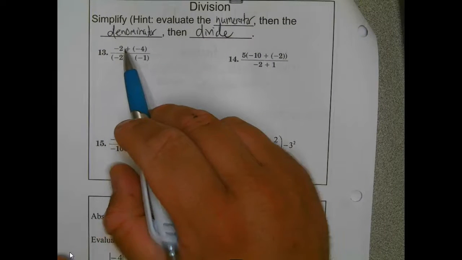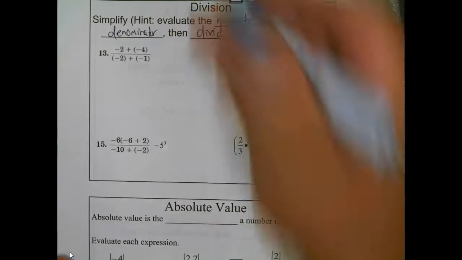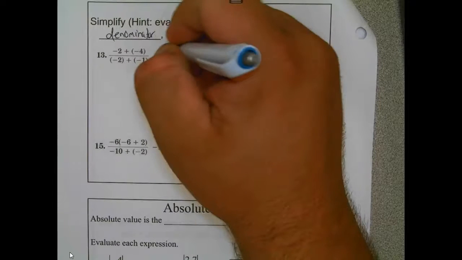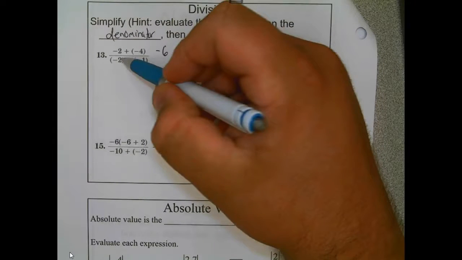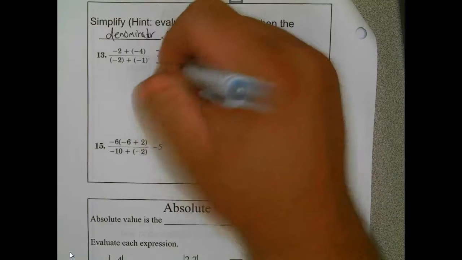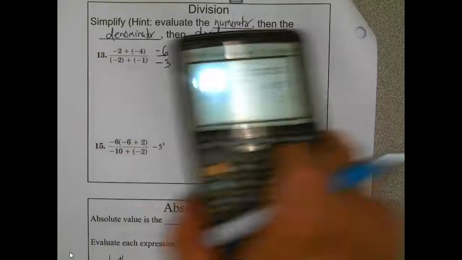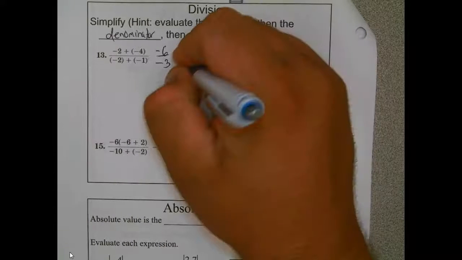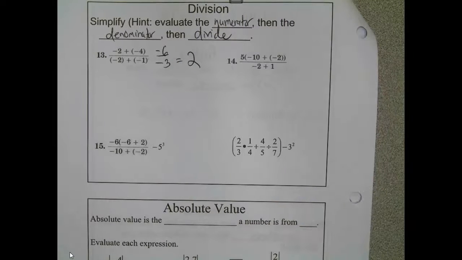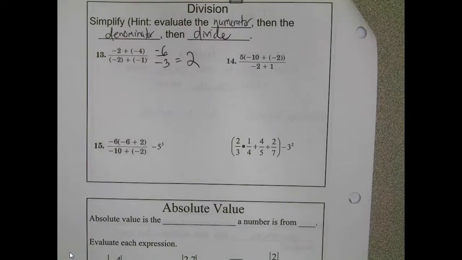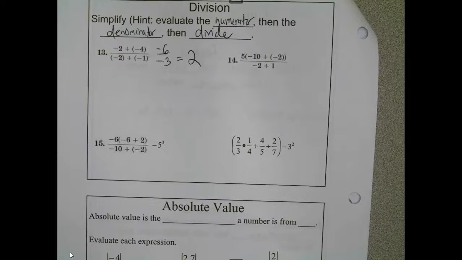Just as a practice, and we'll go into this in more detail in class, you put these two together, you get -6. You put these two together, you get -3. So then when we check -6 divided by -3, it's a +2. Okay. So that went over multiplication and division of fractions.